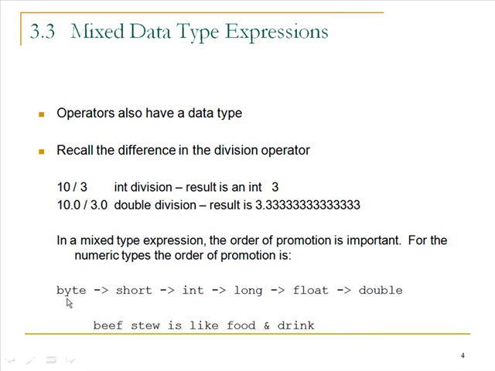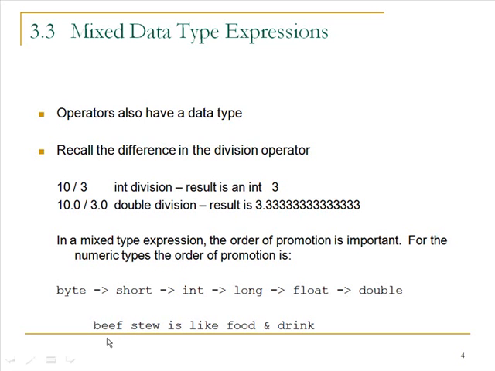If you have byte, short, int, long, float, and double, if you had an int and a double, the int will get promoted to a double, and the operator would be double. So you have to know the order of these 6 data types so that you'll know when you look at an expression what will get promoted to what. There's no choice but to memorize this.